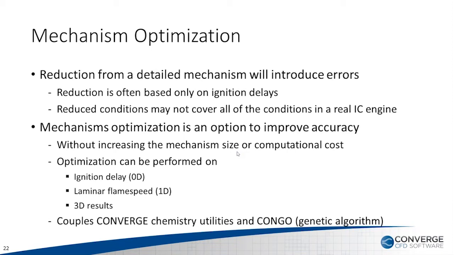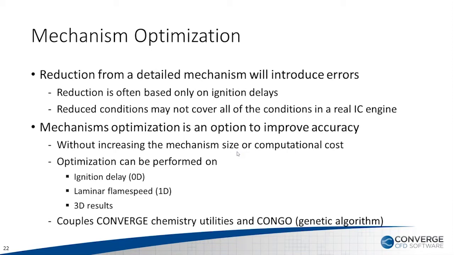Also, the optimization has a lot of options. You can optimize your mechanism based on 0D ignition delay, or say you are more interested in laminar flame speed. Sometimes people run simplified 3D simulations, and you don't know what to optimize on.